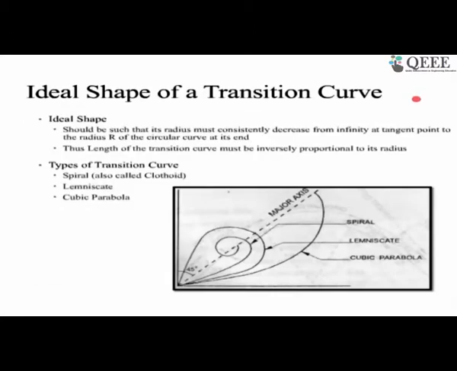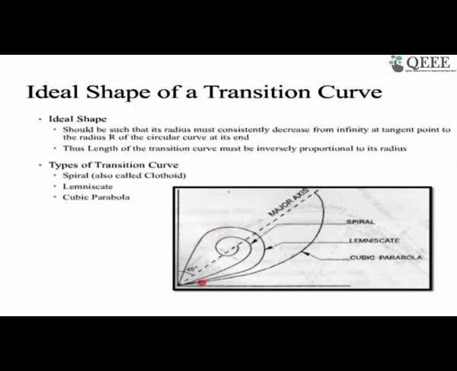So what are the different shapes of transition curve we provide? The various shapes of transition curve we provide are the spiral, lemniscate, and cubic parabola. Any of these transition curves, whatever we provide, we want to make sure that the radius of the tangent is infinite, whereas the curve has a certain radius.